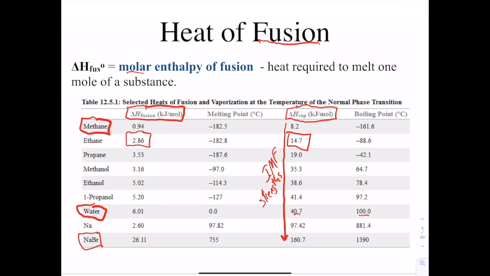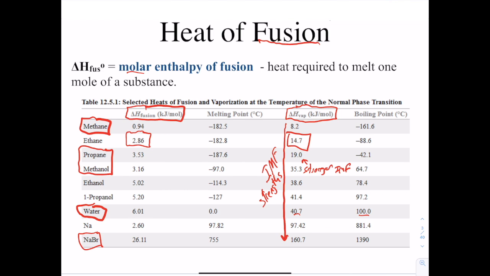You can see that the enthalpy of fusion is not as reliable in comparison of relative strengths of intermolecular forces. Take propane and methanol, for instance. You can see that methanol has stronger IMF compared to those of propane.